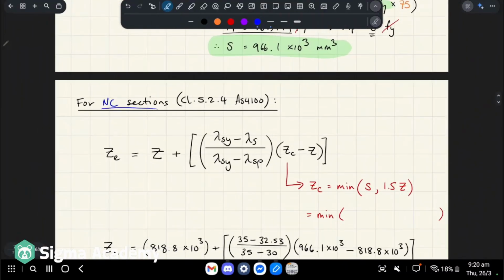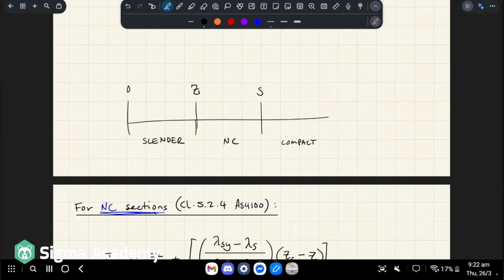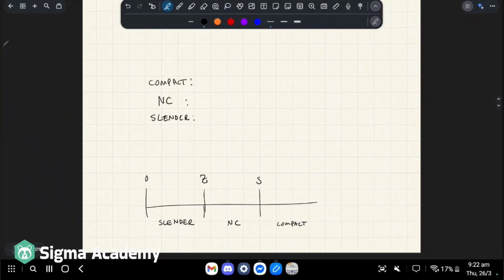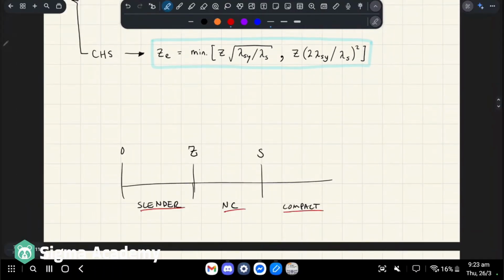Now we have a specific formula for non-compact sections, right? The idea is that for compact sections, non-compact sections, and slender sections, we have 3 different formulas. Slender, non-compact, and compact have different ways of calculating Ze. So for non-compact, Ze can sit in this region. For slender, Ze can sit in this region.